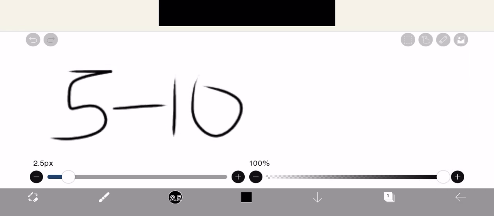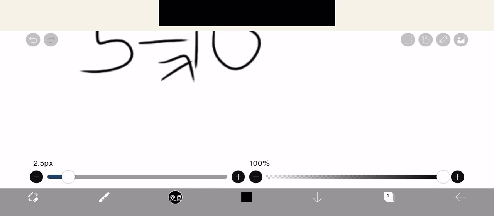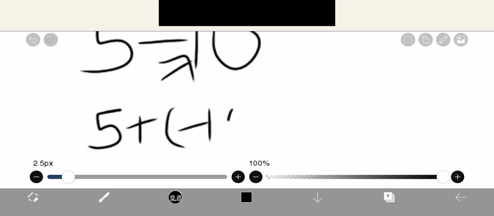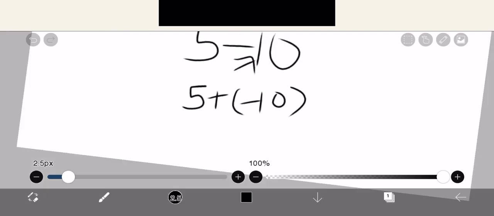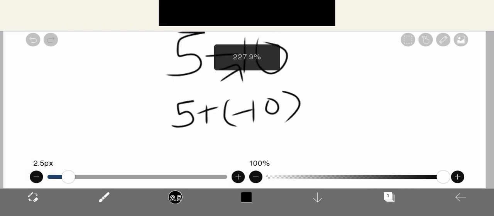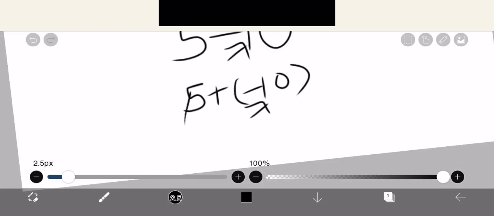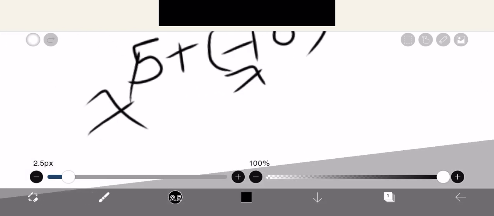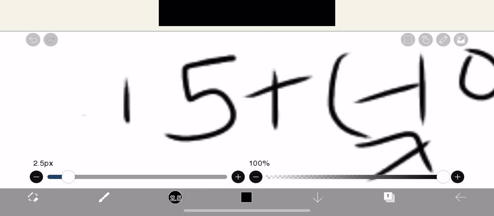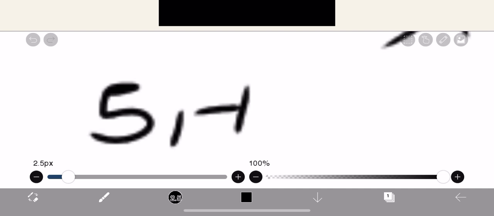There's a negative by this 10, and we're going to make this 5 plus -10. Now you can clearly see what the integer is. -10 and +5. If there's nothing before the 5, that means we can consider this as a positive. So the integers are 5 and -10.